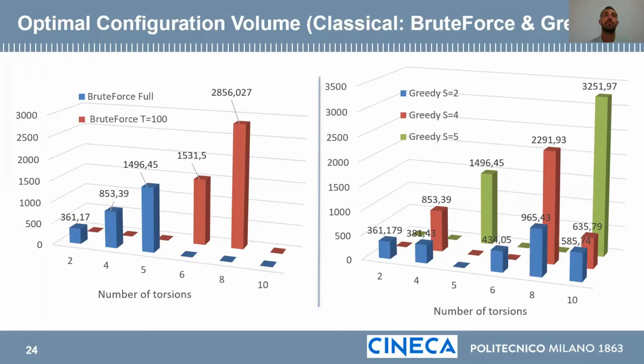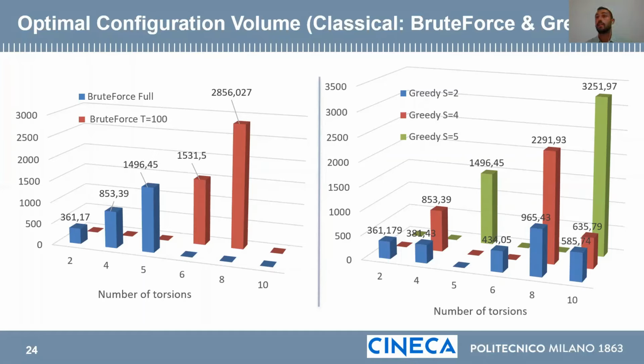The blue columns show brute force without any approximation, while the red columns show the brute force solutions obtained with something similar to what we did to the UBOs, approximation with threshold 100. And these were exactly the results on the optimal volume that we were able to find.